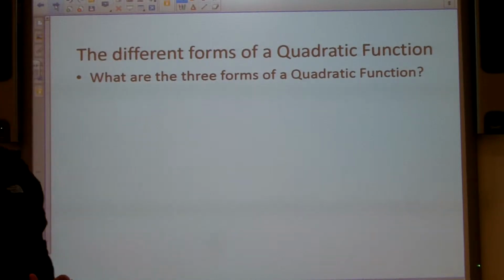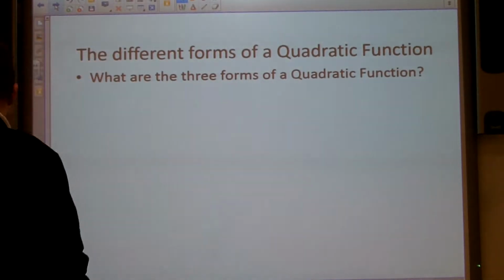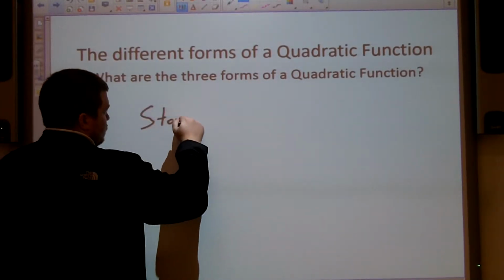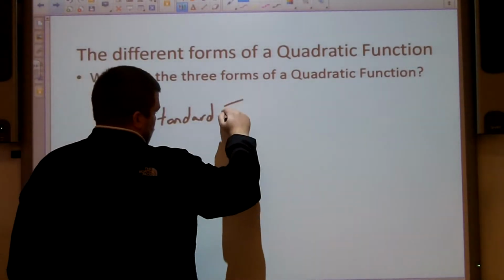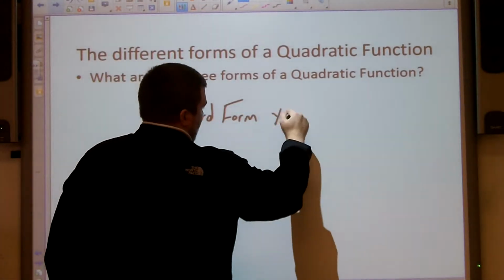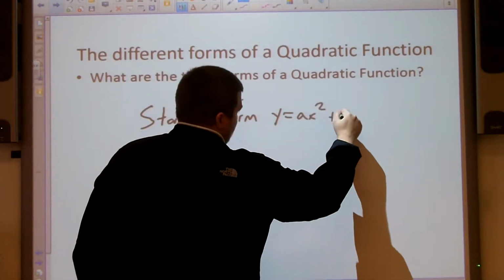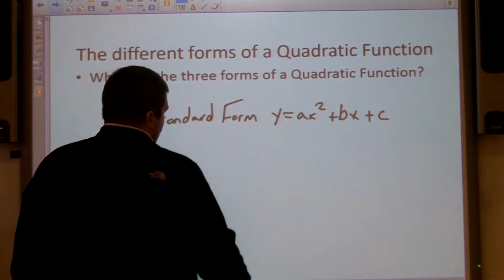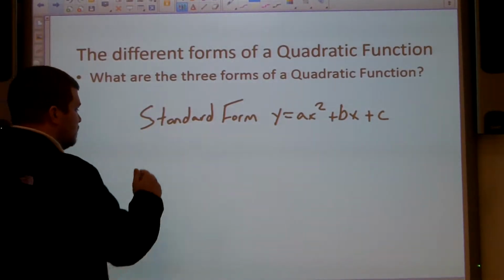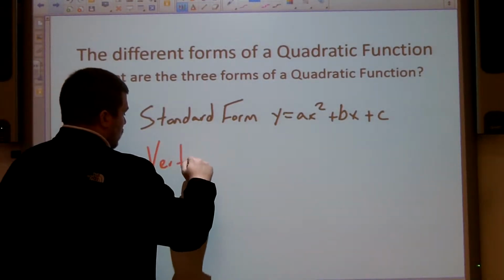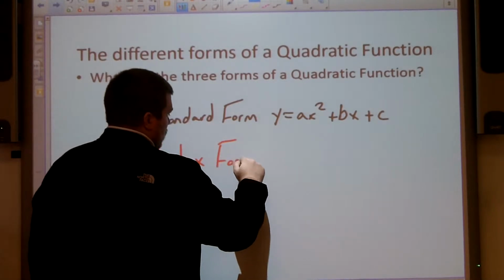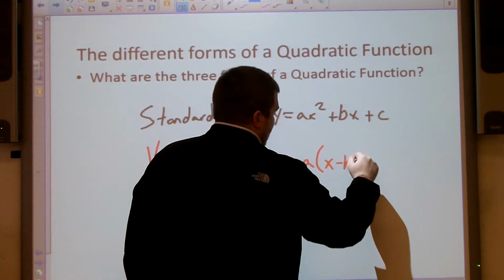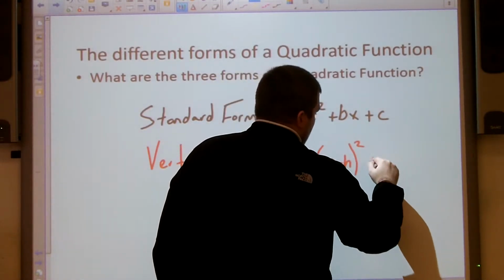Okay? There's actually 3 forms of the quadratic function. So the first form we talked about was standard form. Now we saw that was y equals ax squared plus bx plus c. The next one we're going to talk about is vertex form. So that's y equals a times quantity x minus h quantity squared plus k.